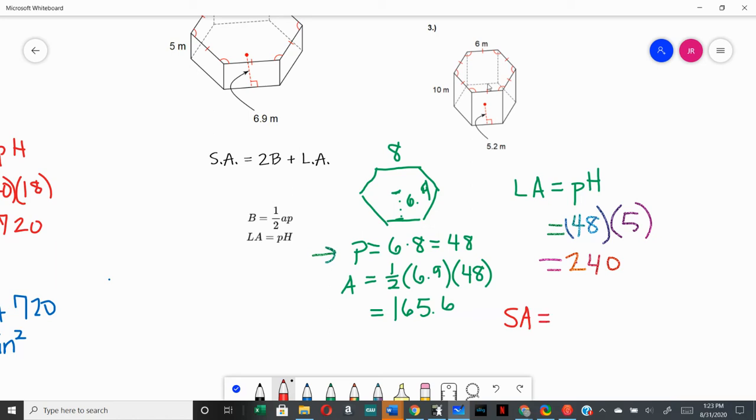2B plus pH. Well, I found B right here. 2 times 165.6 plus the lateral area, which is 240. Just let the calculator do all the work.